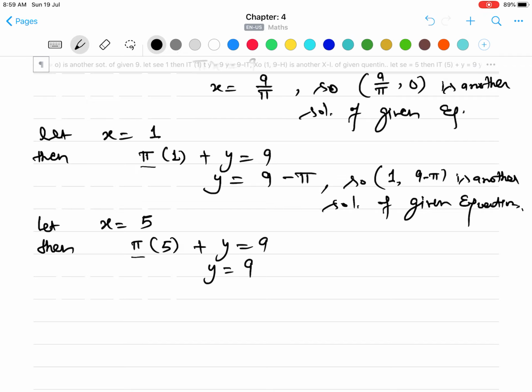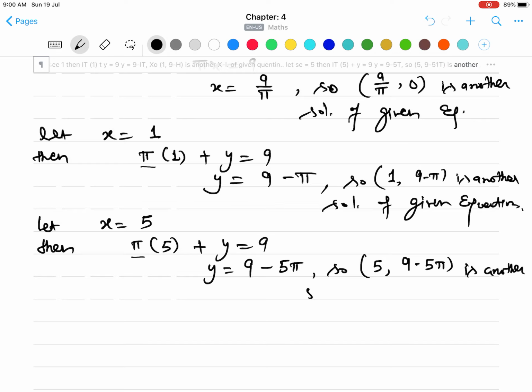This 5 into pi will be 5 pi. When you shift to the right hand side it will be minus 5 pi. So the solution is x is 5 and y is 9 minus 5 pi is another solution of given equation.